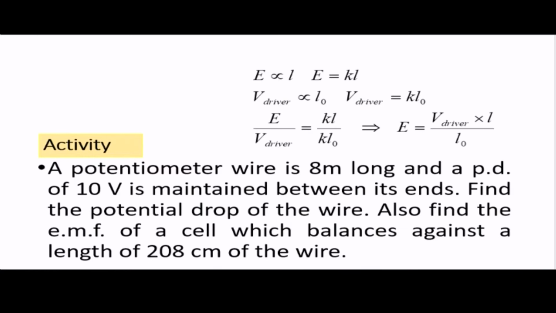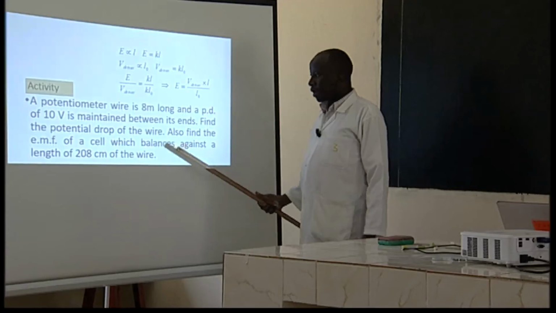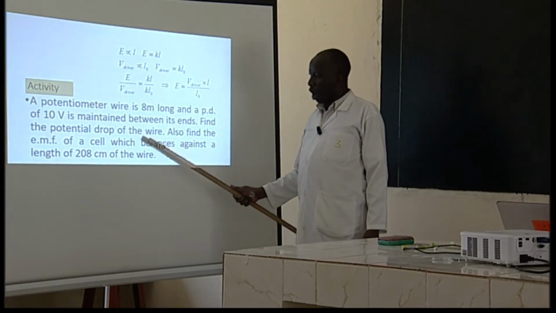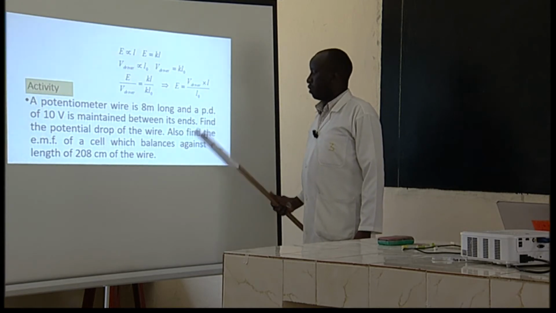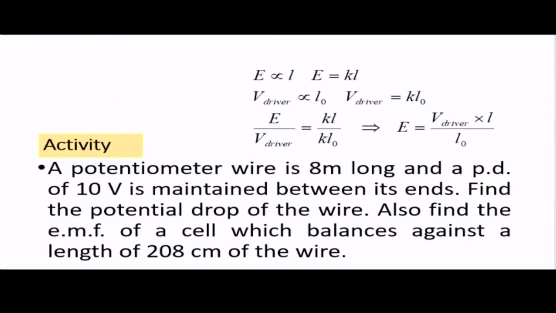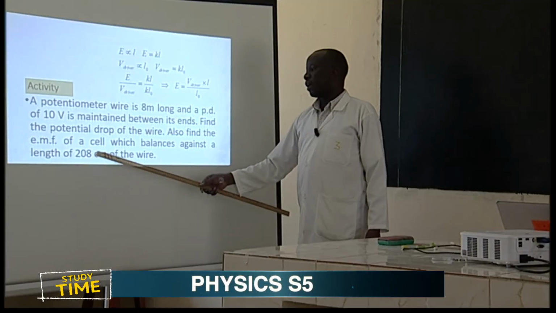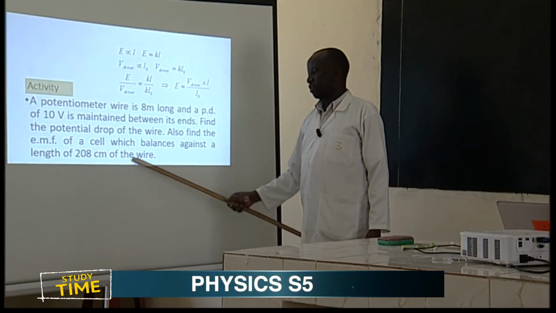A potentiometer wire is 8 meters long and a potential difference of 10 volts is maintained between its ends. Find the potential drop of the wire. Also, find the electromotive force of the cell, which balances against a length of 208 centimeters of the wire.